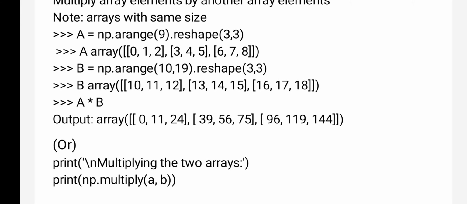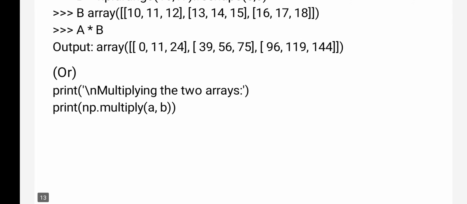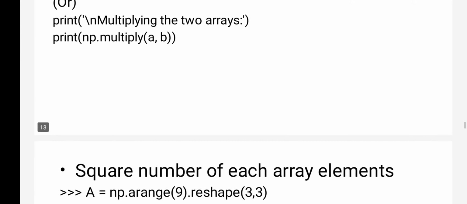So when you multiply, what will you get? 10 into 0, 0. 11 into 1, 11. 12 into 2, 24, like that. Element-wise multiplication is done using the multiplication operator, that is the asterisk. Or you can use the multiply built-in function, which is available from the NumPy package.